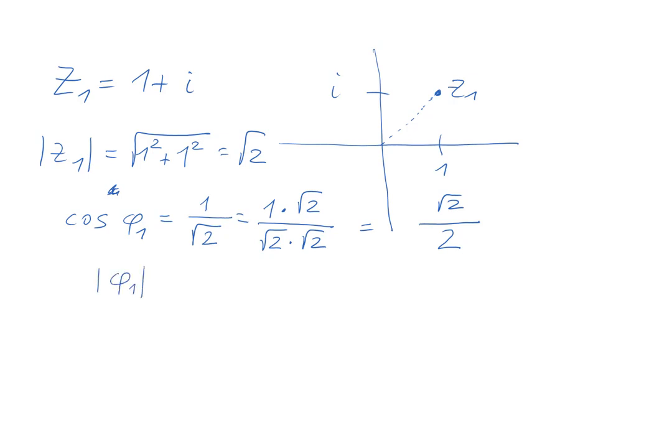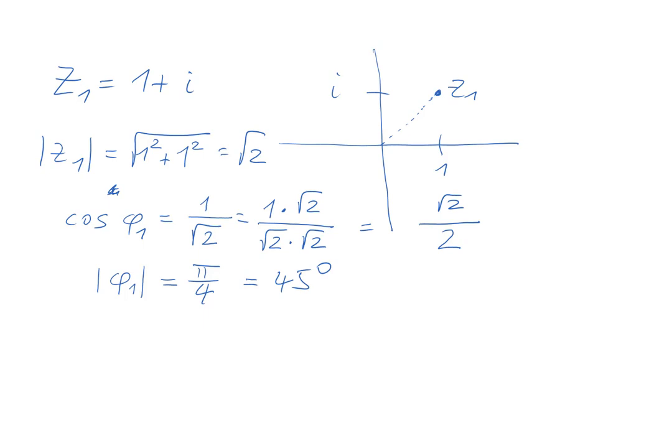Arcus cosinus can be calculated with a pocket calculator. There it's usually written in the form cosinus to the power of -1. And if you calculate it with your pocket calculator, you will get phi 1 equals 45 degrees, or pi divided by 4.